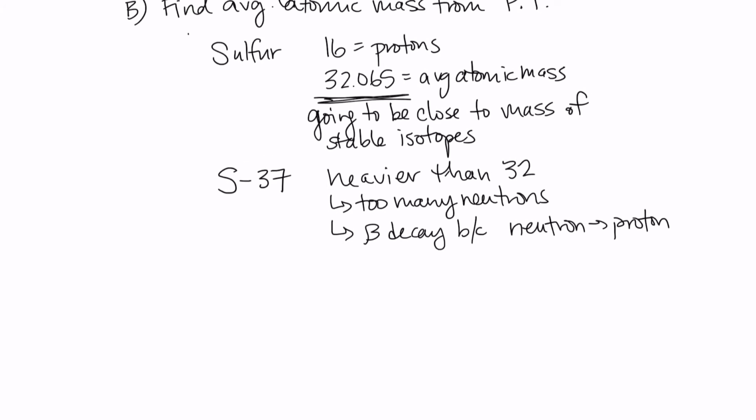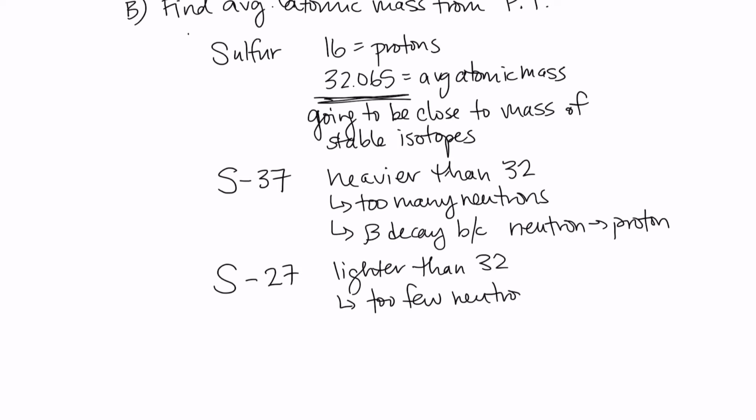Okay? Now, let's say instead I have sulfur-27. This one is lighter than 32, which means it has too few neutrons. Now, when I say it has too few neutrons, another way of saying that would be that it has too many protons, right? More protons than it's supposed to have for the number of neutrons that it has.